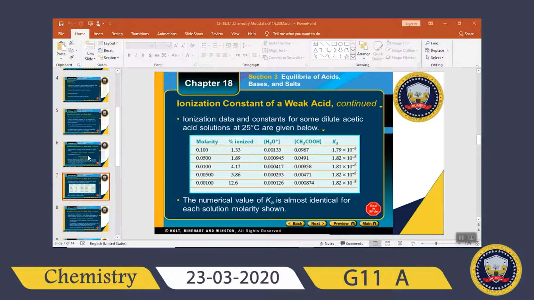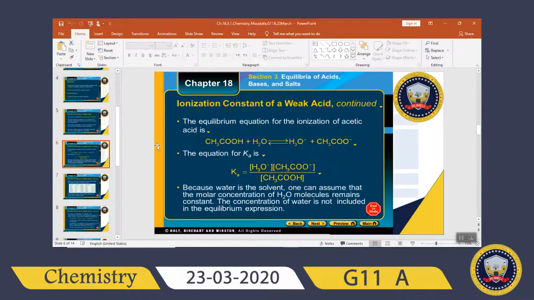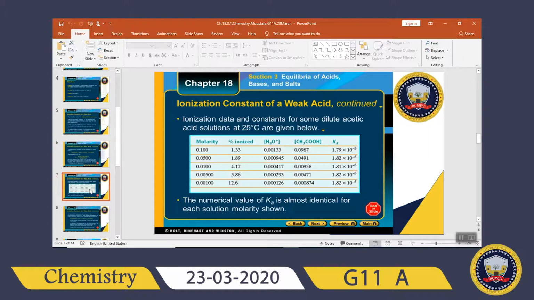And if you remember the equation, you have the value of hydronium ion above and another value of acetic acid below. So here, if the concentration of each decreases, the constant, the Ka, is still constant and it reflects the value in the table.